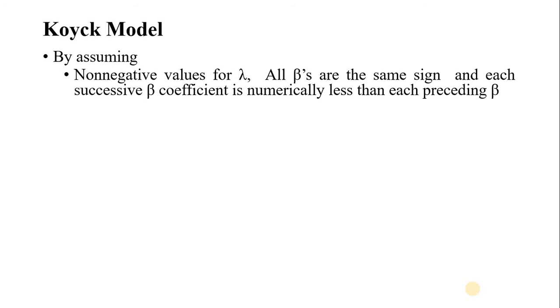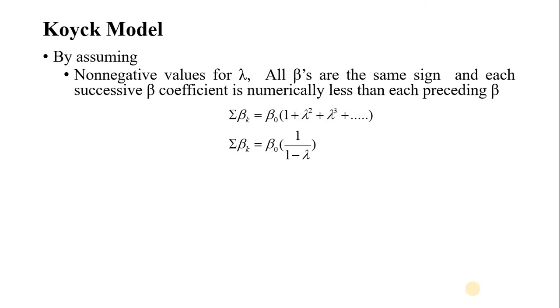Now, by assuming three different things, that lambda will be non-negative, all betas should have the same sign, and each successive beta coefficient is numerically less than each preceding beta, by assuming all these things, they have derived the sum of the betas, or the long run coefficient.